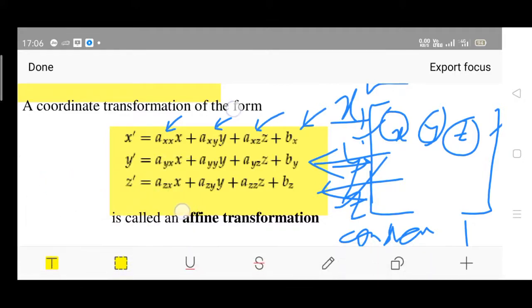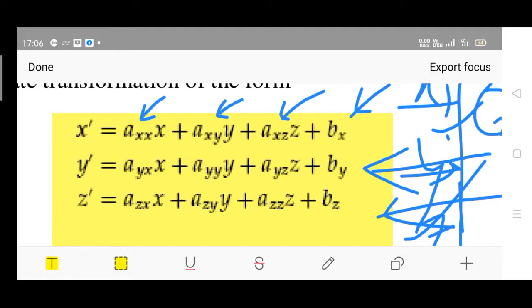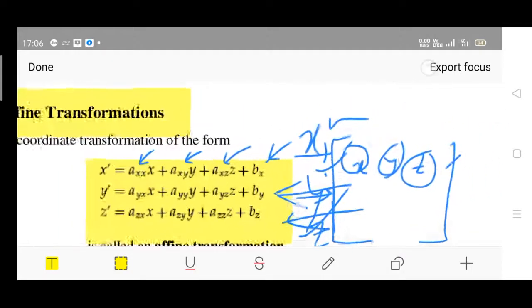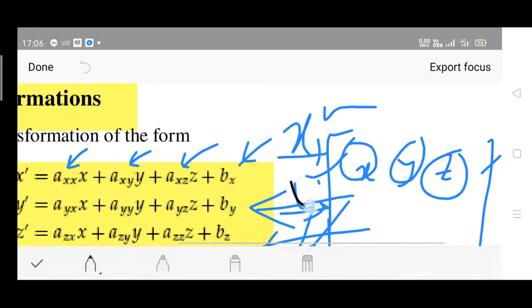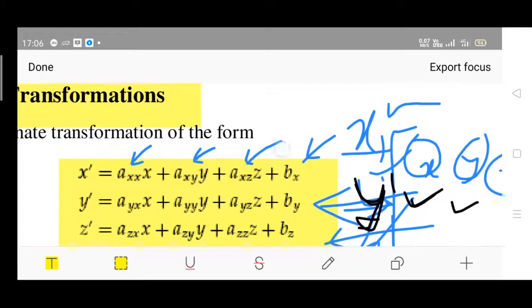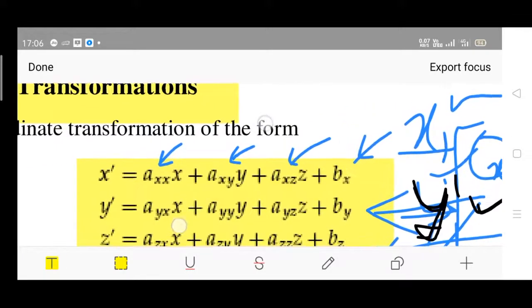You start with y, because the second row tells about y, isn't it? Even though the first parameter is the coefficient of x, it represents the equation of y dash, so it represents the y term.